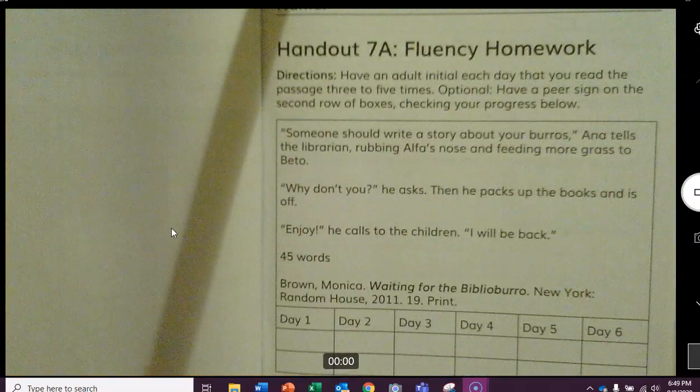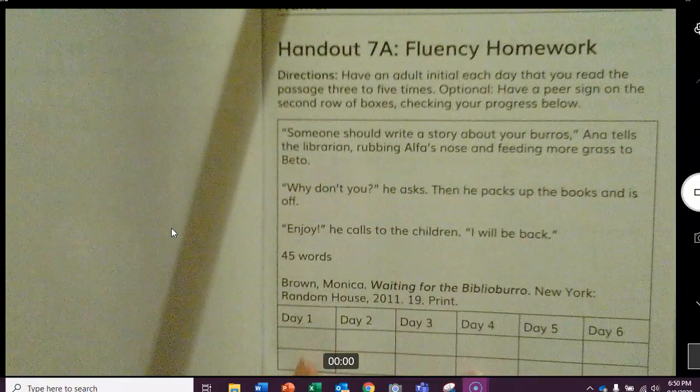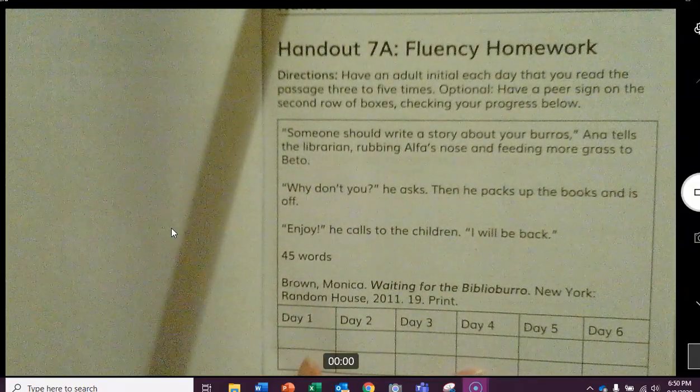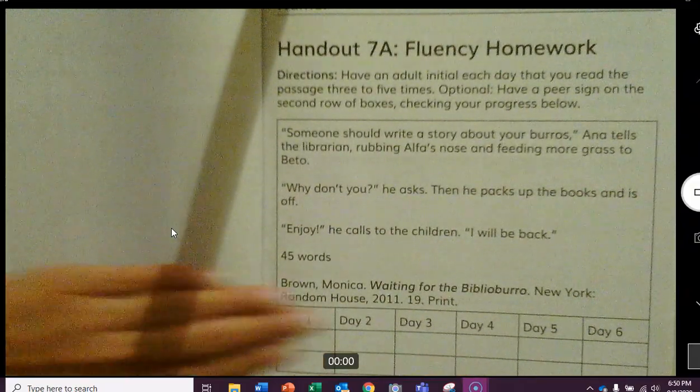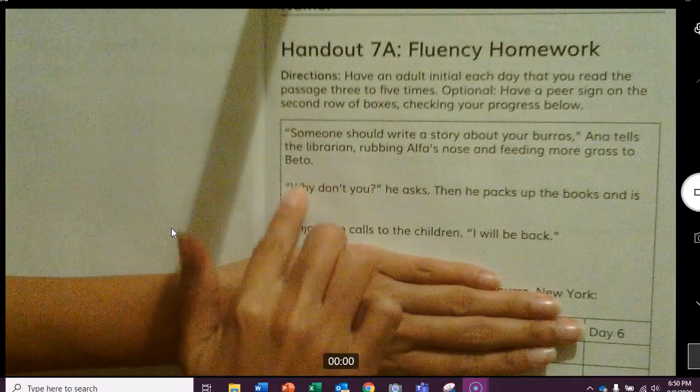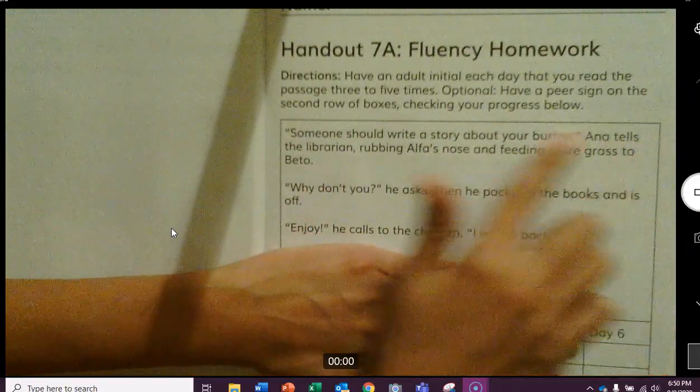Now I'm going to show you how we're going to be practicing how to read fluently. Remember, to read fluently means to read with speed and accuracy. And the only way you can become a fluent reader is if you read things again and again. This, for instance, is going to be your homework. You have to read this part all by yourself.